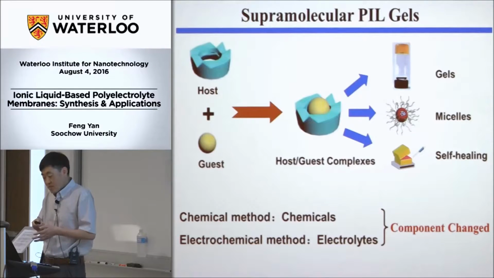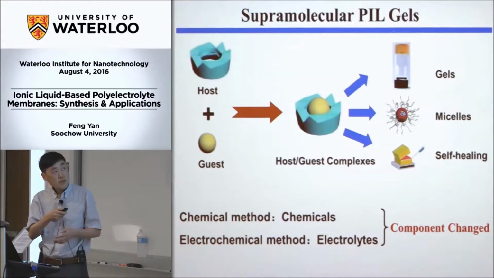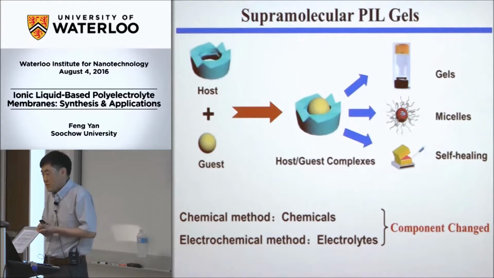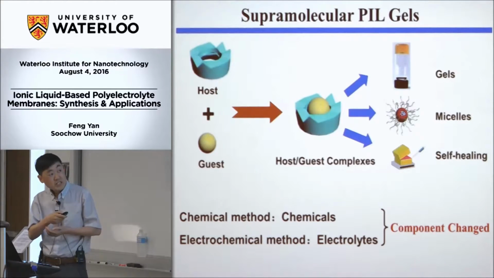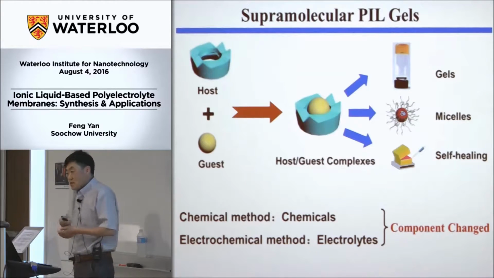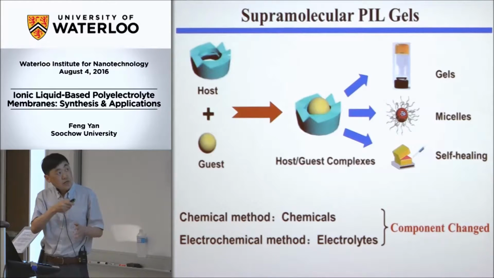I think in polymer science, supramolecular polymer gels are quite famous because they can form gels, micelles, and also some self-healing materials. But to change the host-guest interaction, normally people use the chemical method or electrochemical method.